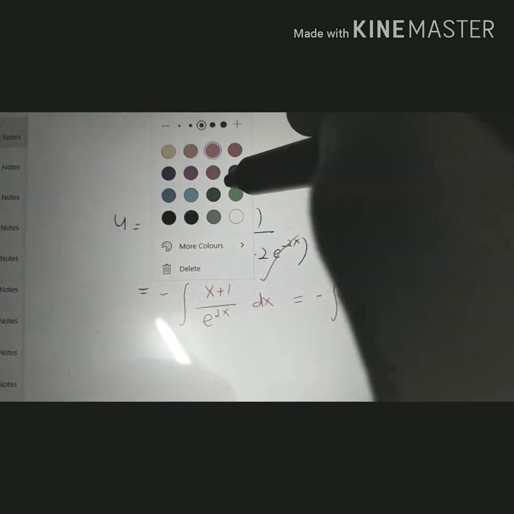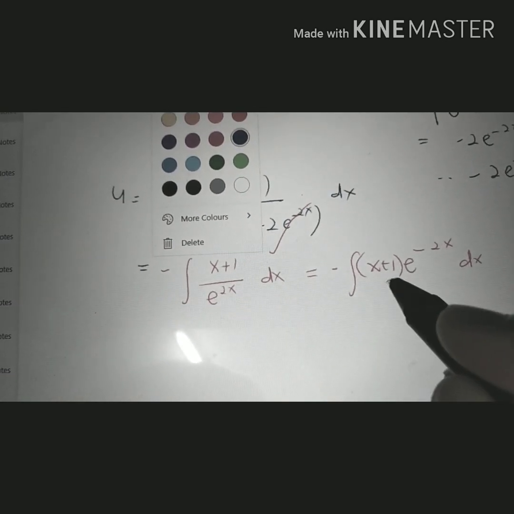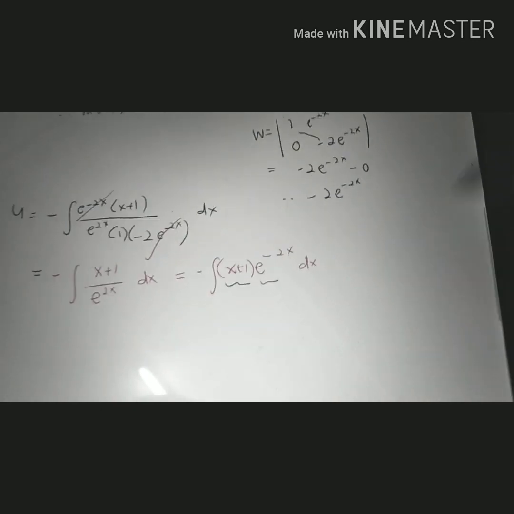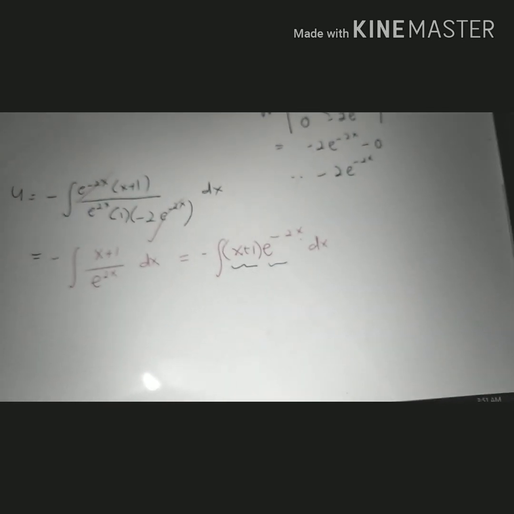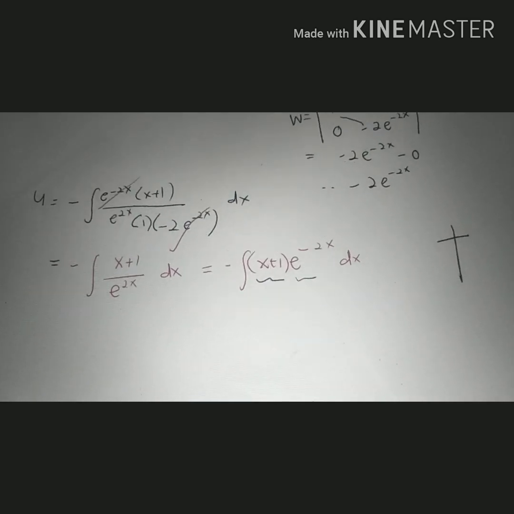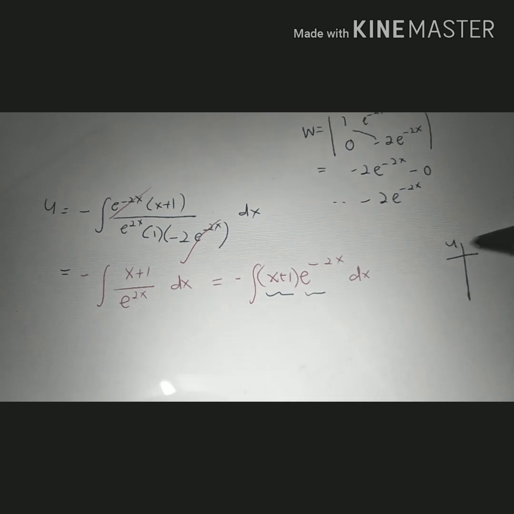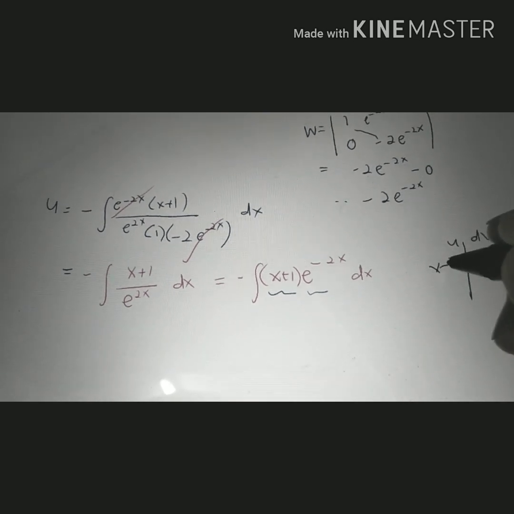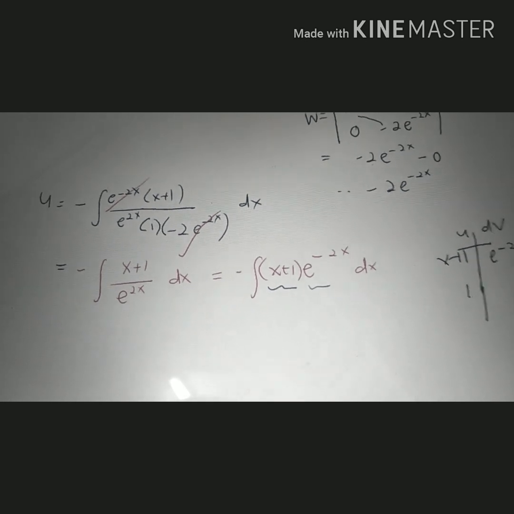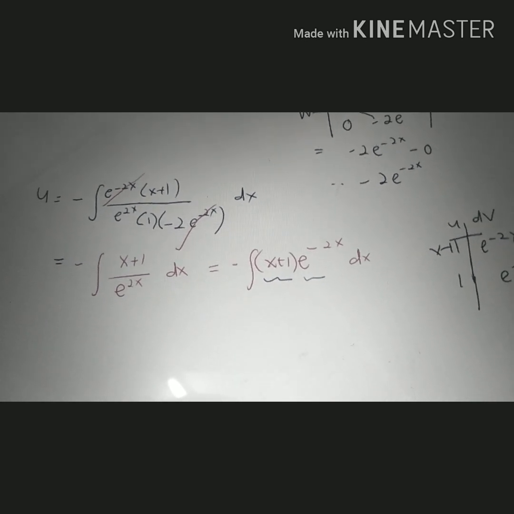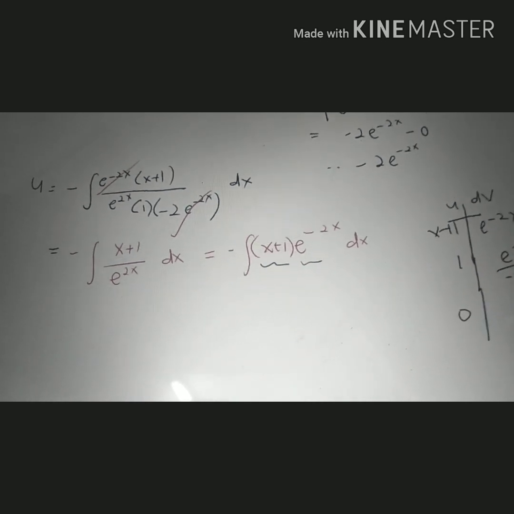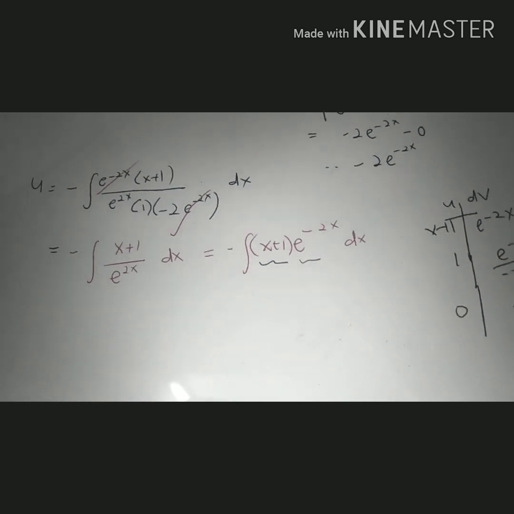Here you have a polynomial and an exponential, two different functions multiplied, so we apply not the product rule but the tabular method: u, dv, x plus 1, e to the negative 2x. Differentiate, so you have 1, then 0; integrate e to the negative 2x over negative 2, then e to the negative 2x over 4.